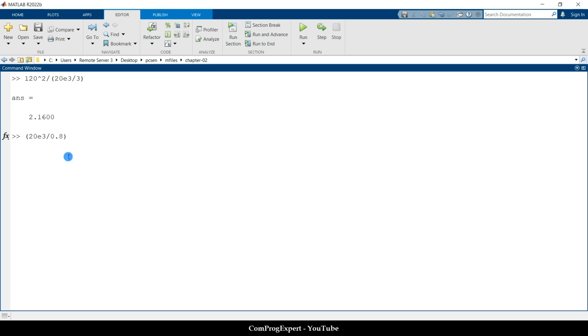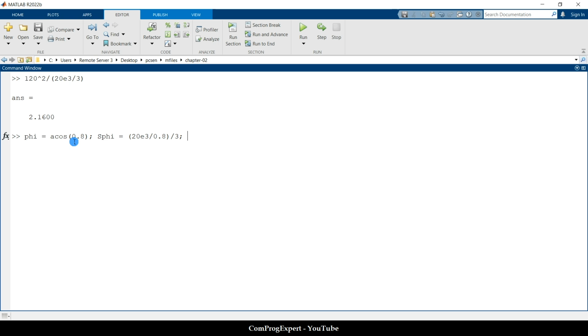Let me write this. Phi is cosine inverse of 0.8, and S for one phase is 20 kilowatts divided by 0.8 divided by 3.